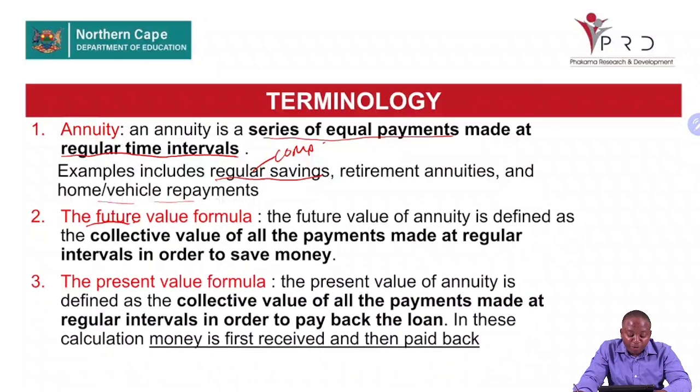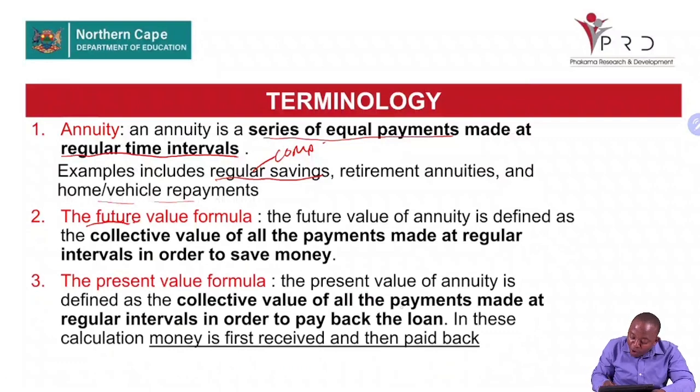Then we have another way of calculating annuities, which is the present value formula. How do we calculate using the present value formula? Here the present value of an annuity is defined as the collective value of all payments made at regular intervals in order to pay back a loan.